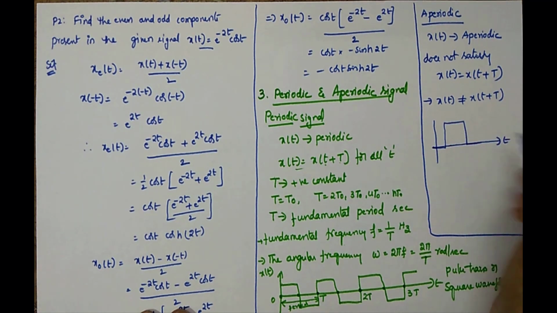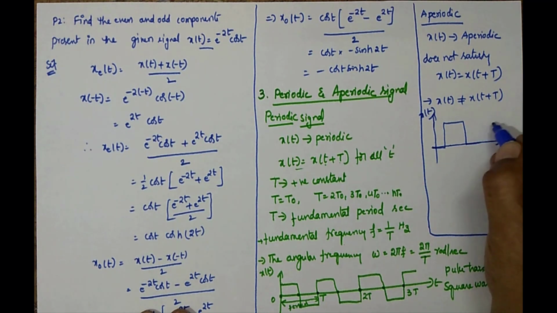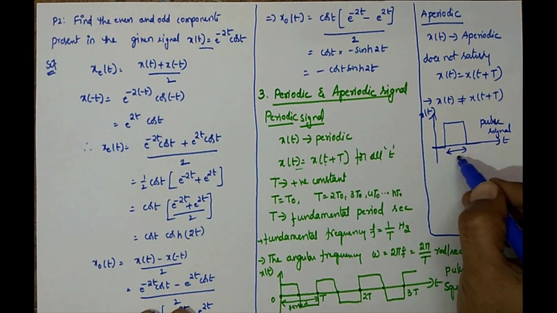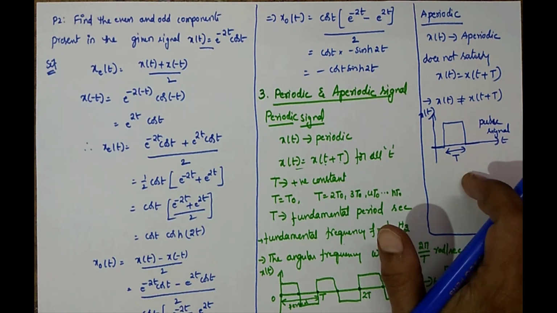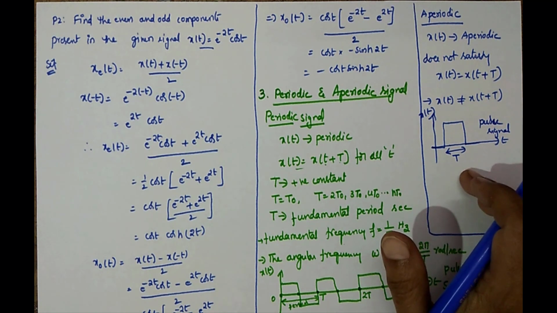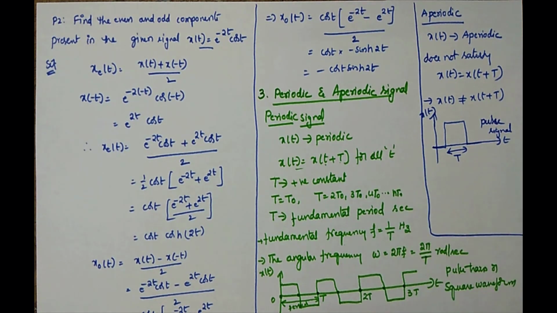This signal is a simple pulse signal. This is the pulse duration T. Here the signal is not repeating, meaning it is not satisfying the equation x of t equal to x of t plus T. That is the reason it is called an aperiodic signal.